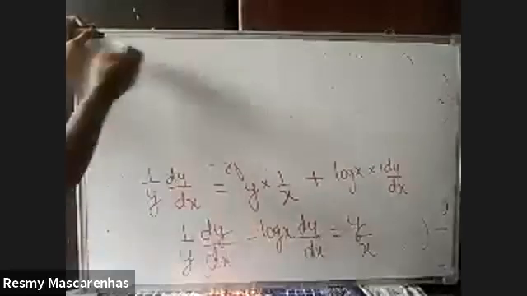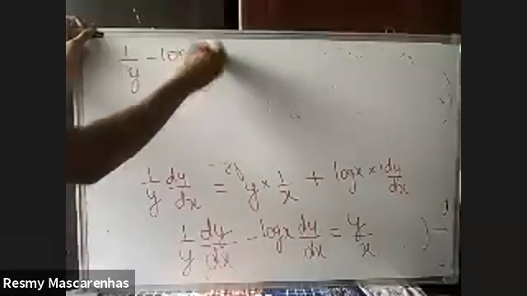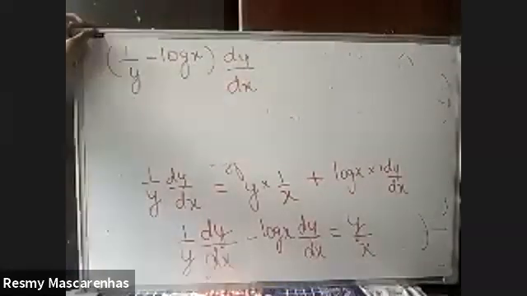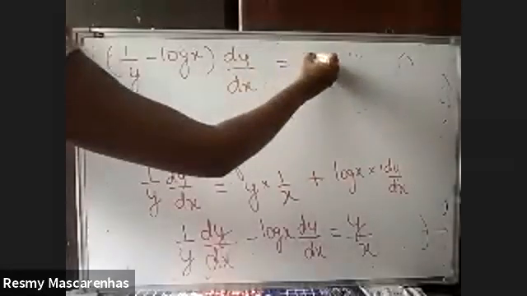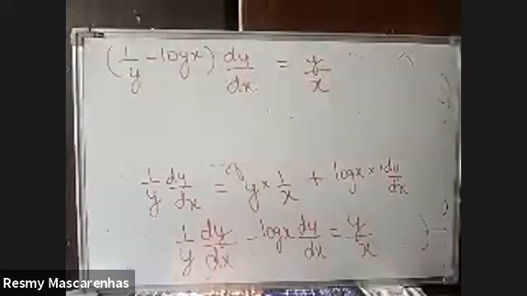So after taking out common, cross multiply.